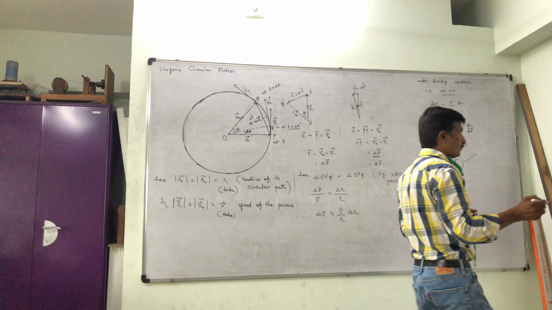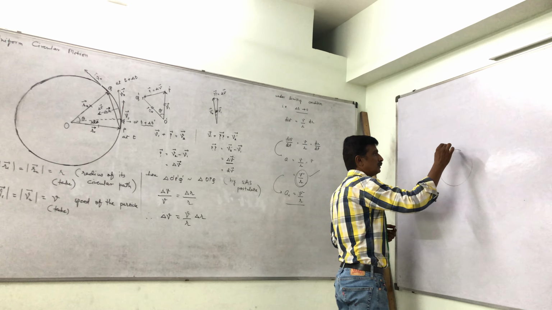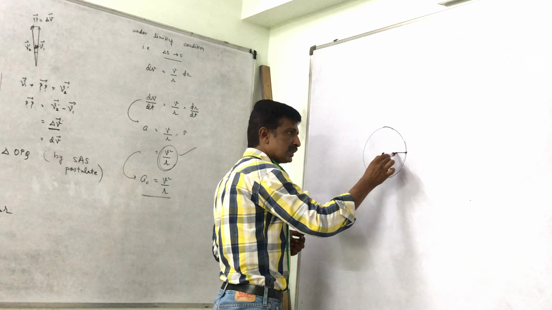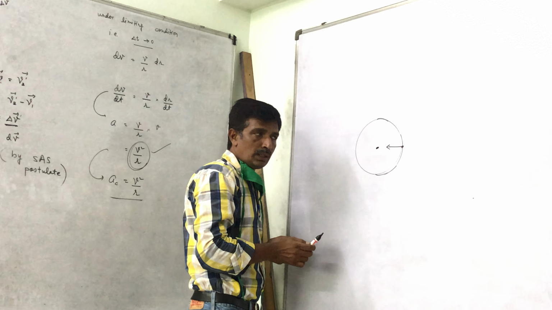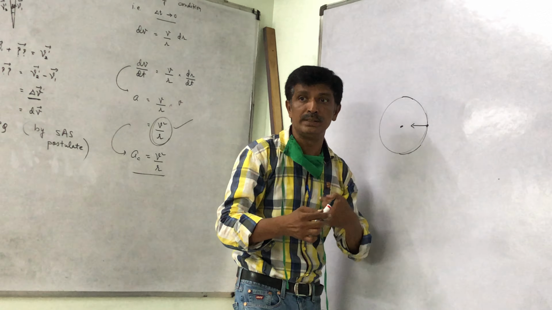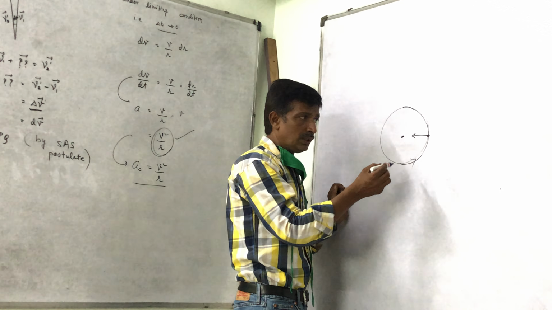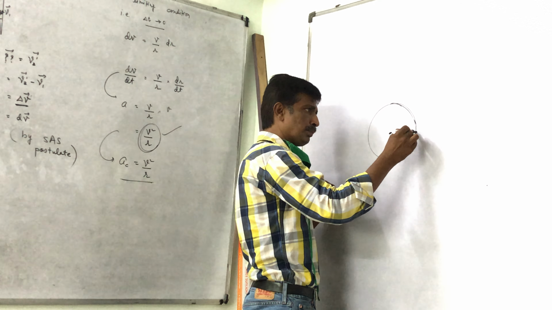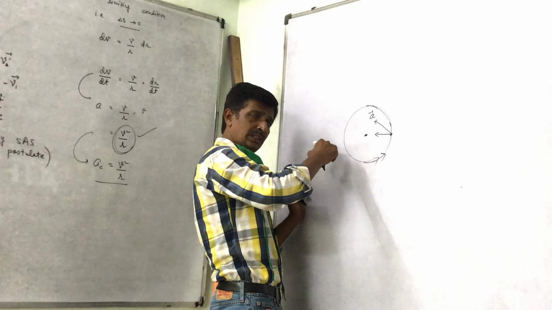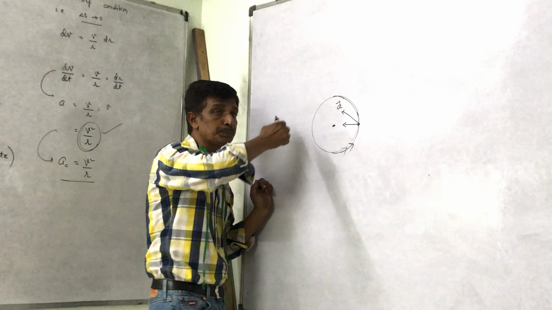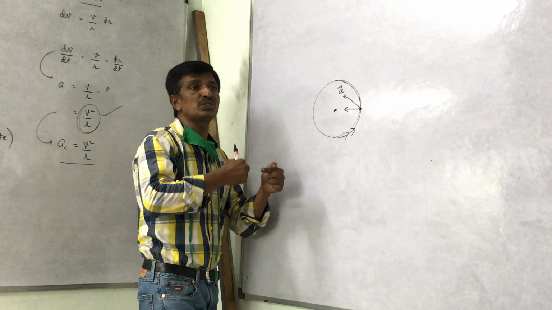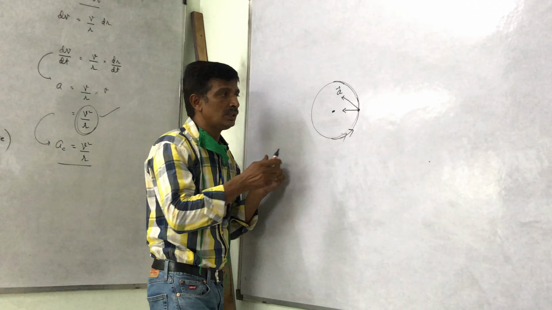So if a particle is performing uniform circular motion, acceleration is towards the center. But if a particle is performing circular motion with increasing speed, this way, acceleration must be here. The particle is moving on the same track, on the same radius, but with increasing speed.